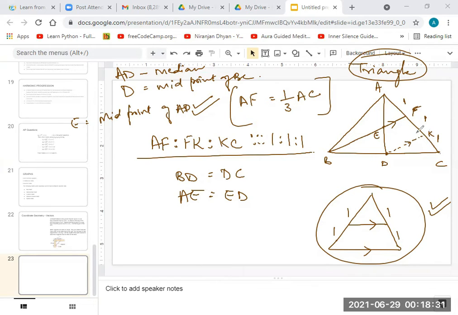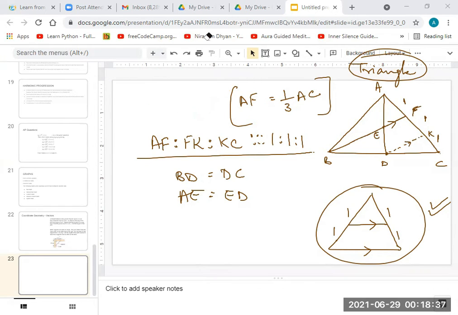I have shared the information, I will share it again. The point is, you have a triangle in which D is the midpoint of BC, and E is the midpoint of AD.